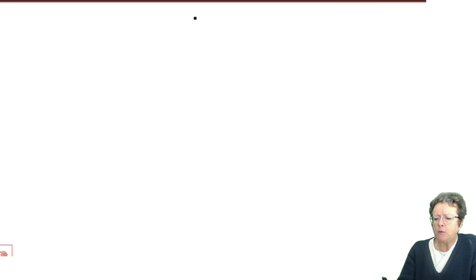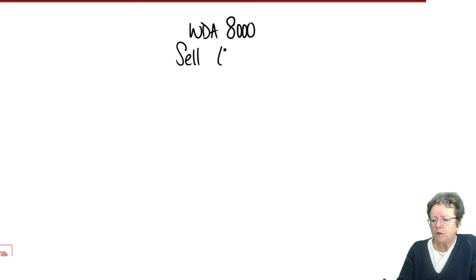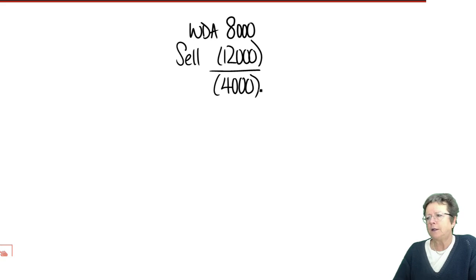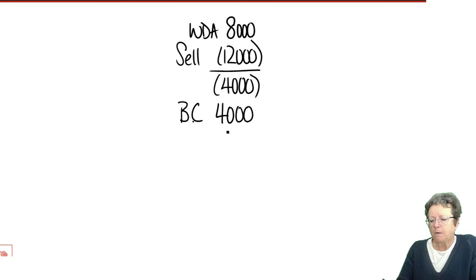So say we had a written down allowance of 8,000 and we sell it for 12. Okay, that's what it would look like in the computation. Now that means you've had too many allowances, because the balancing charge would be that.